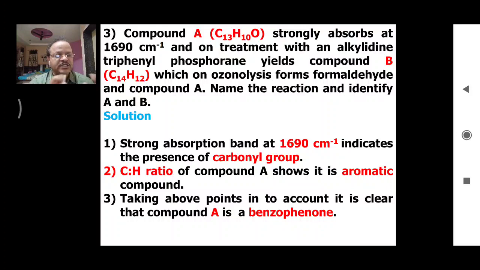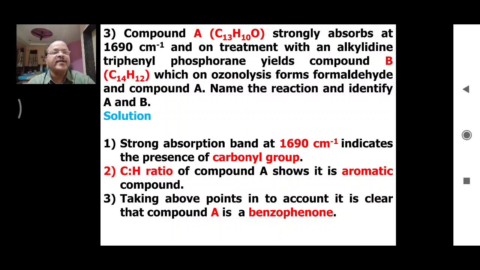You should write all the 6 reactions on one page, and then compare them with respect to starting compound, reagent, and the nature of the product. Just by careful reading of this problem, one can predict on which reaction this problem is based.